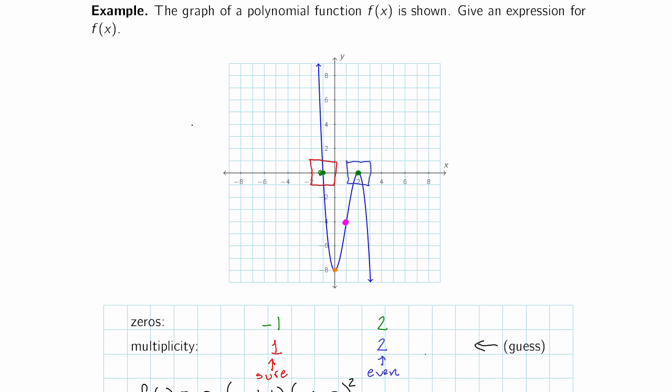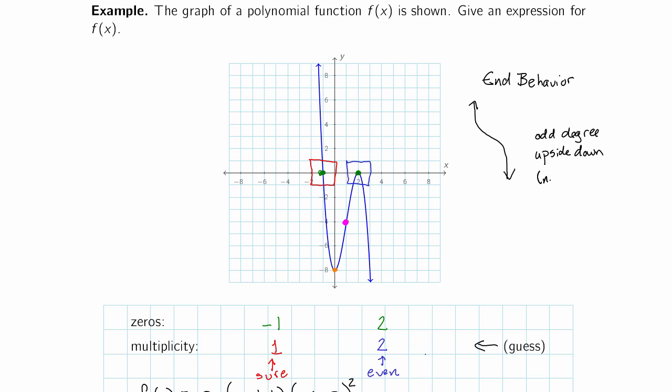If we were to zoom way out on this graph, it looks like this if we ignore all these uppy-downy bits in the middle. And this is an odd degree, like x to the third, x to the fifth, and it's upside down.